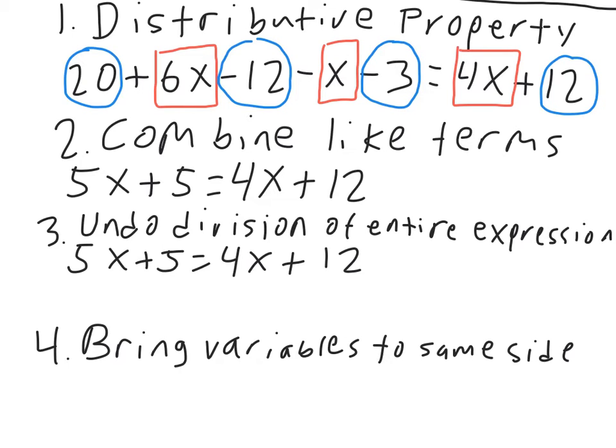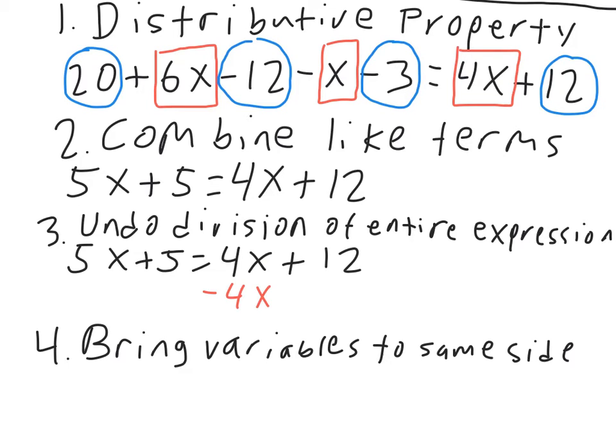So notice that we have here a 5x on the left side of the equal sign and a 4x on the right side of the equal sign. We need those on the same side. So what you do is look at the smaller one, that'll be 4x, and you want to undo the addition or subtraction that's happening there. So it's a positive 4x, so you subtract 4x from both sides of the equation.